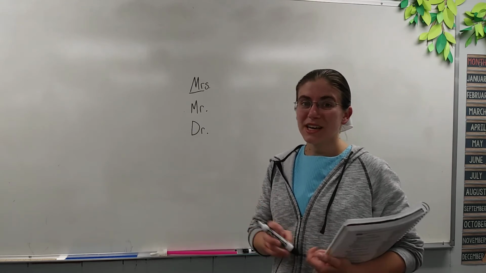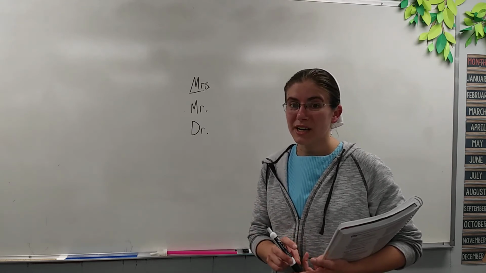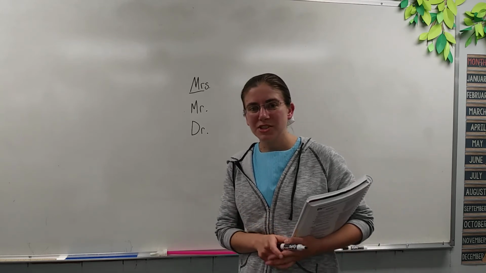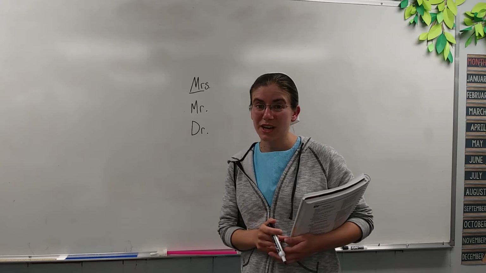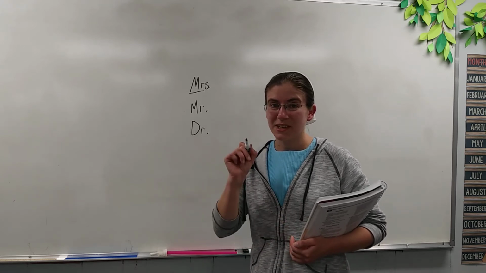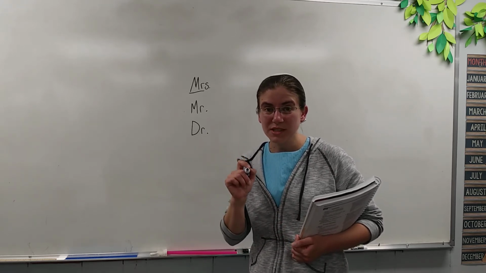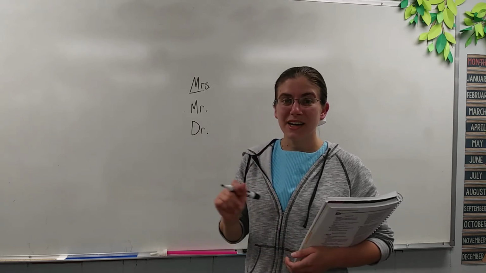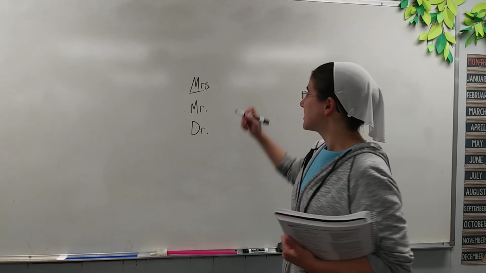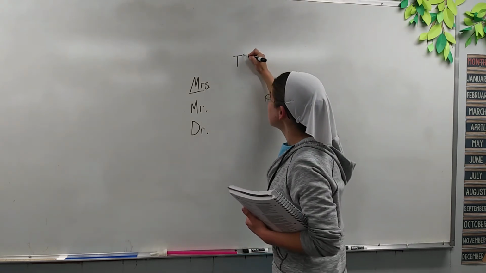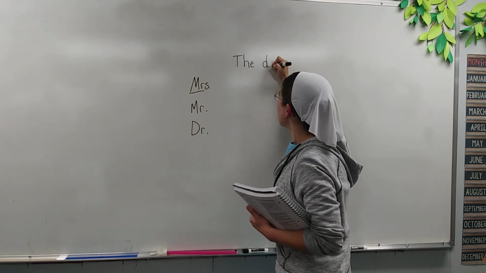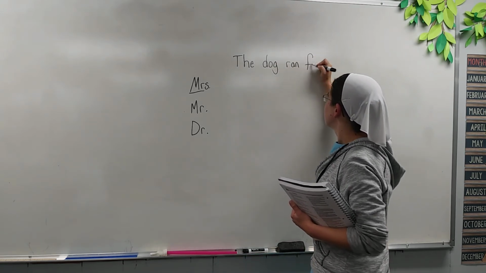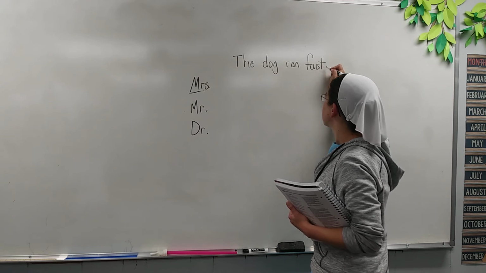Okay, now on your test tomorrow, you will be diagramming sentences. So you have a study sheet for your test, and it goes over diagramming sentences. You'll need to underline the subject once and the verb twice, and then diagram the sentence. So if we have a sentence like this, the dog ran fast.